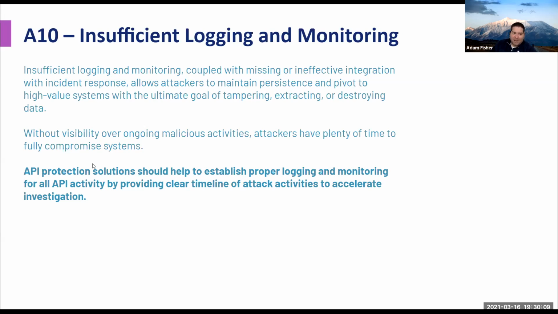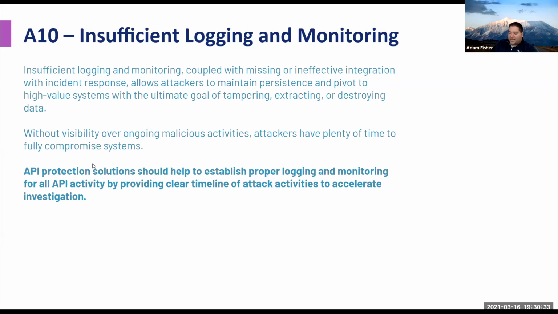It's modernizing the application infrastructure. But if there's no communication, if there's no insight provided back to the security team, if the security team doesn't have any insight into the sensitive data now that the APIs are giving access to or are sending, transmitting, then you fall into the A10.